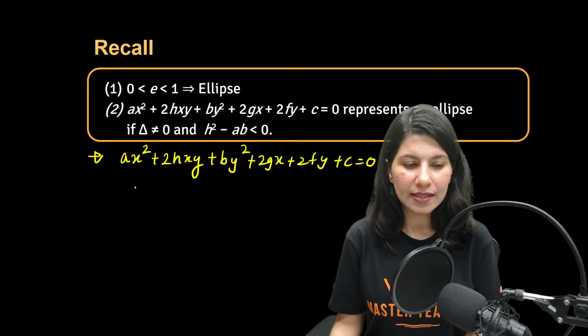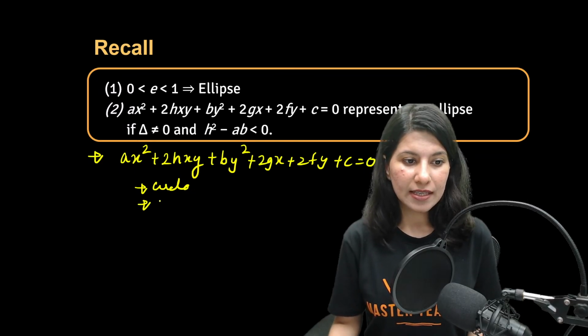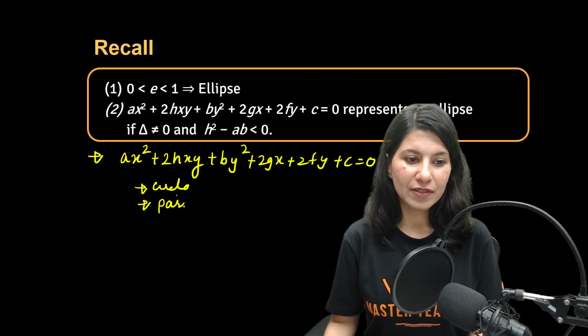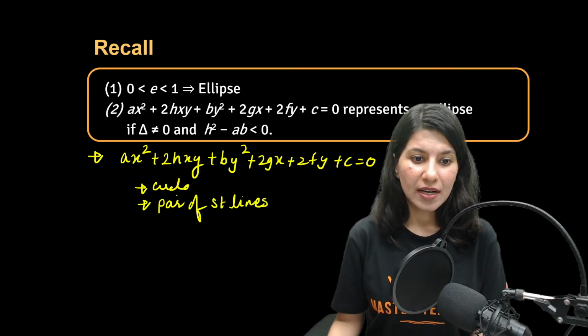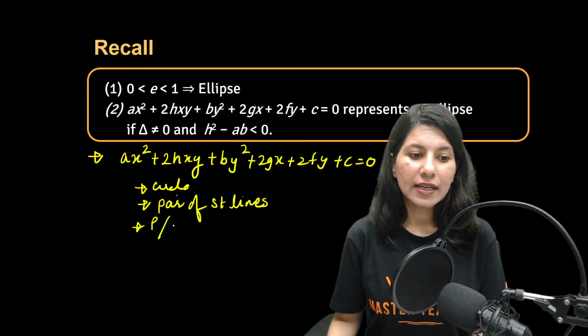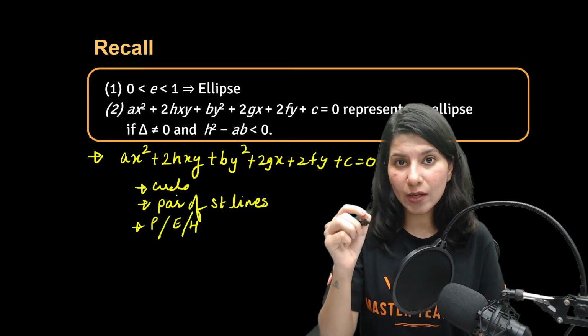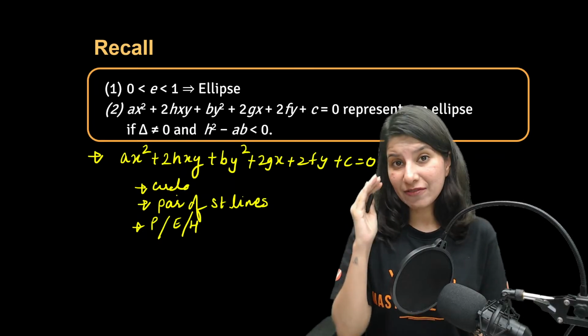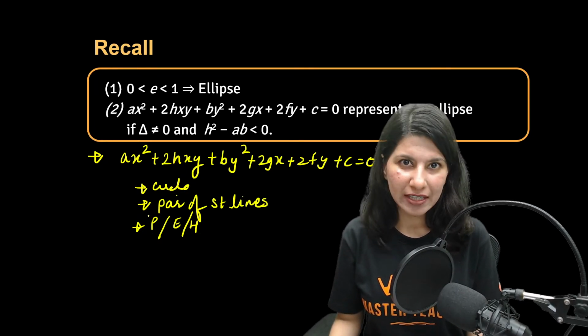So many things. This thing represents circle. This thing represents pair of straight lines. This equation represents parabola, ellipse, hyperbola, right? 5 things. This single equation can represent 5 conic sections, right? But today we are interested in ellipse.